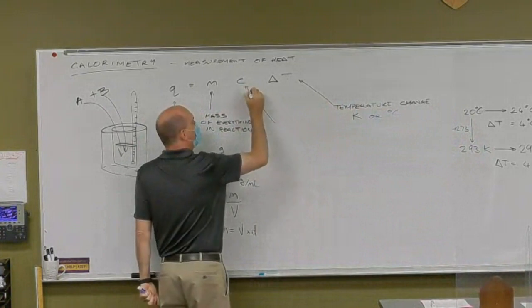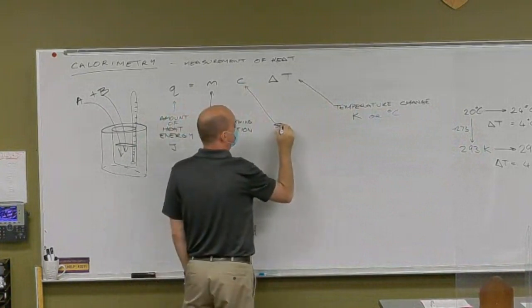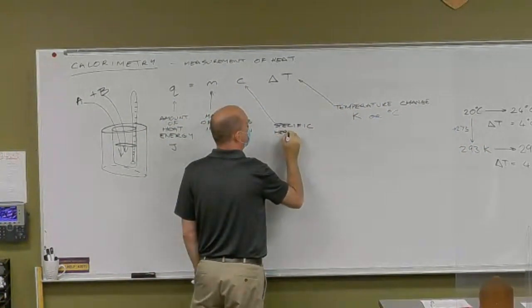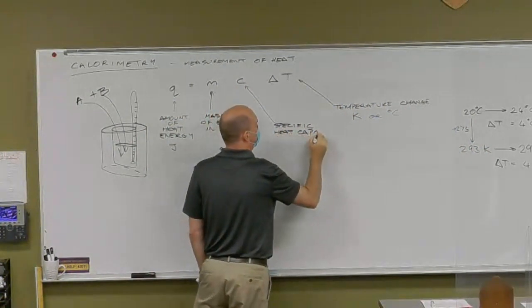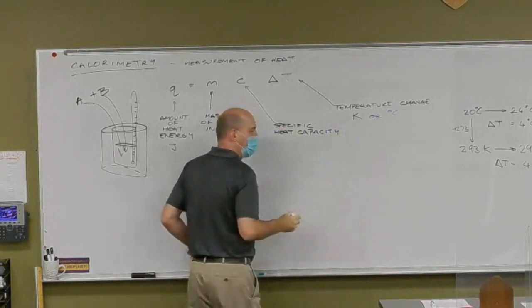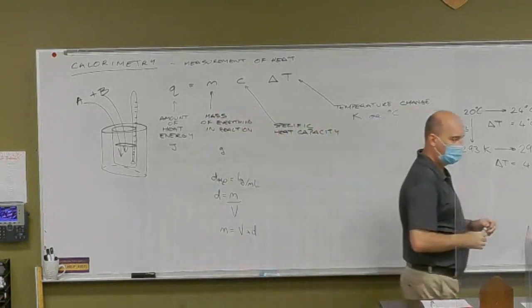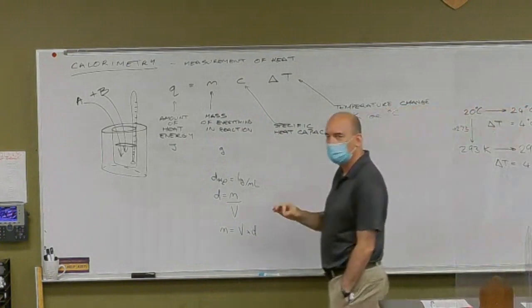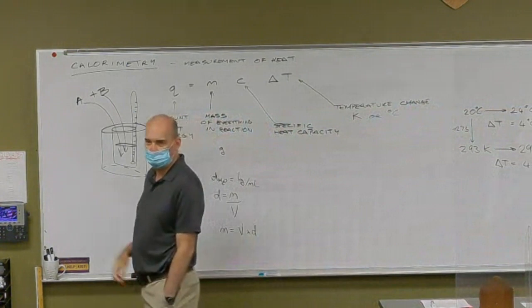This missing value here is the heat capacity. And heat capacity is a constant, but it belongs to the material that you are looking at.